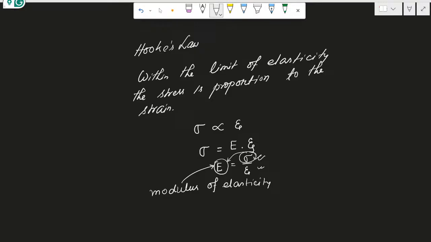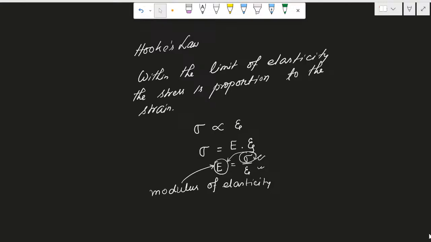Generally the unit of pressure, because stress has the same unit as pressure. Clear? Up to this it is clear.